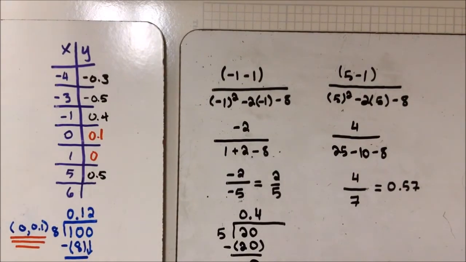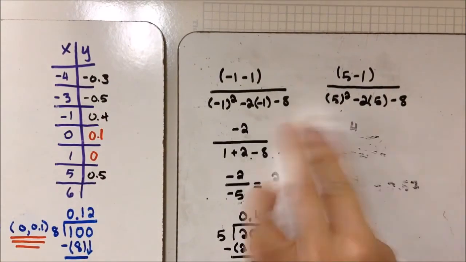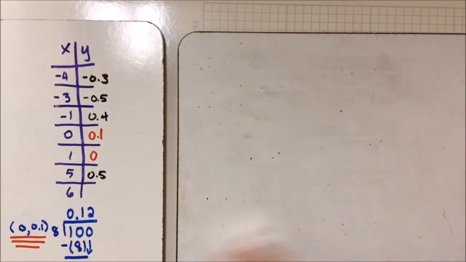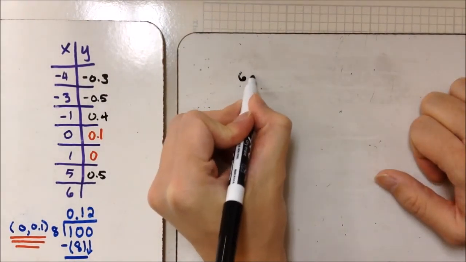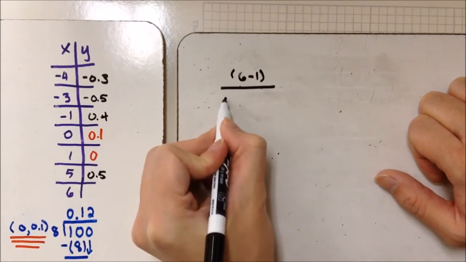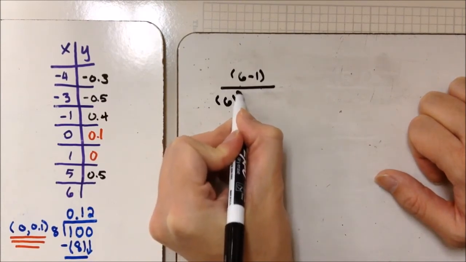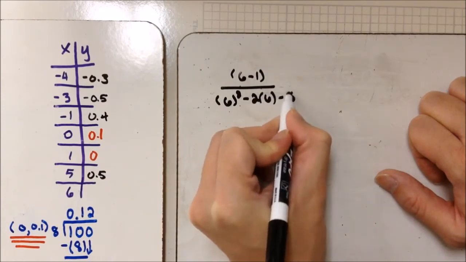Alright, next and last, we're going to do 6. So 6, going to all the x's. So 6 squared minus 2 times 6 minus 8.